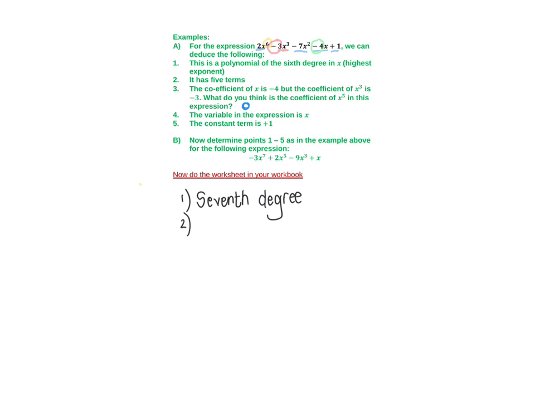Then how many terms has it got? It's got 1, 2, 3, 4 terms. Now you can just write 4. Number 3, the coefficient of x is negative 4, but the coefficient of x cubed, so let's go through that. What's the coefficient of x? That is the invisible 1.